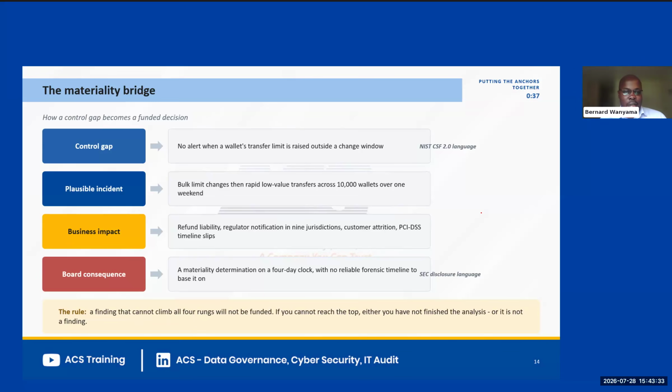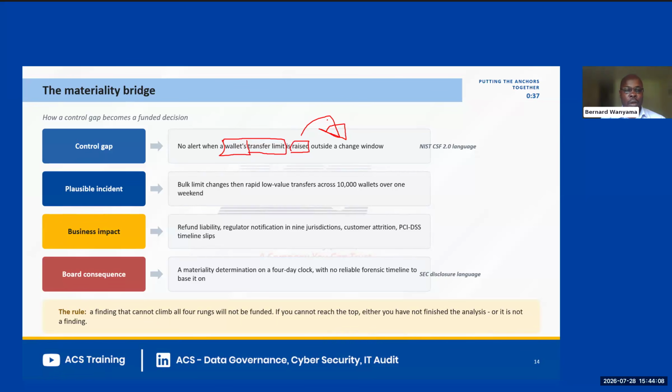It starts with a control in a key process of the business operations. We have something called a transfer limit on a wallet. So a wallet and its transfer limit. And there's a process for raising it. And you require a change window, for example, to raise it. So this is the finding. It's a small thing. Okay, it's very specific in this example, but the impact can go all the way.